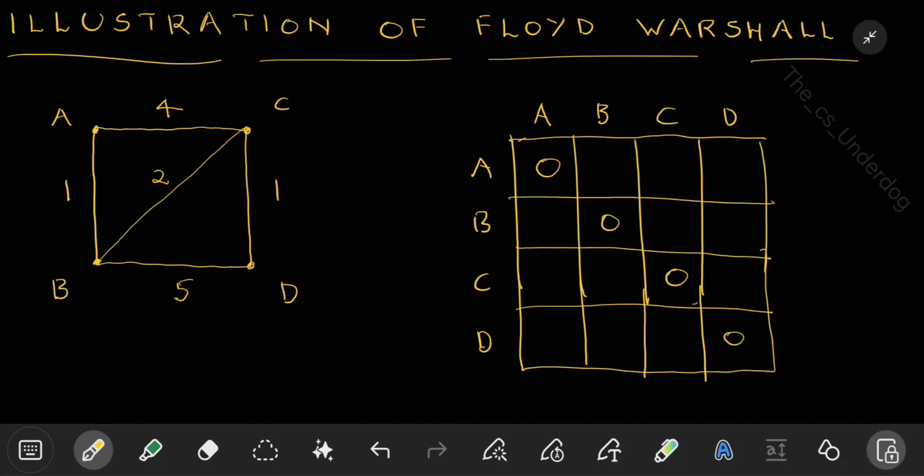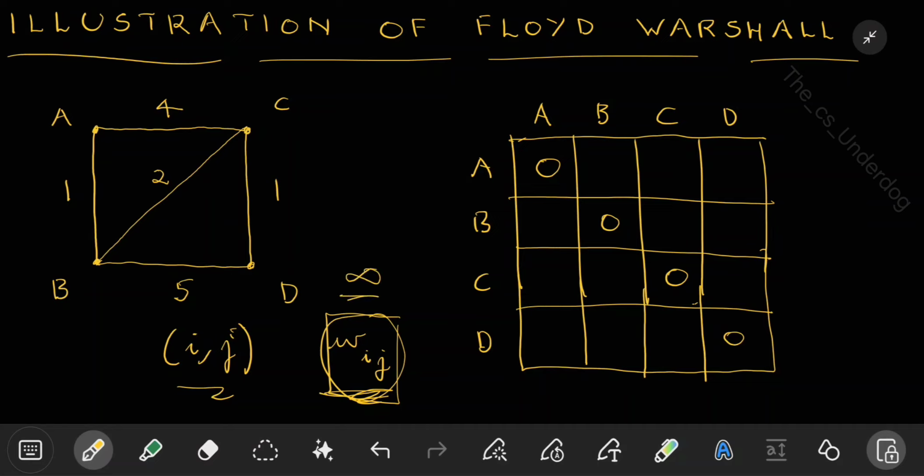Then, if there is an edge w_ij between any particular set of vertices i and j, then the entry will be this weight w_ij. If there is no direct edge between those two vertices, then we'll put distance as infinity.